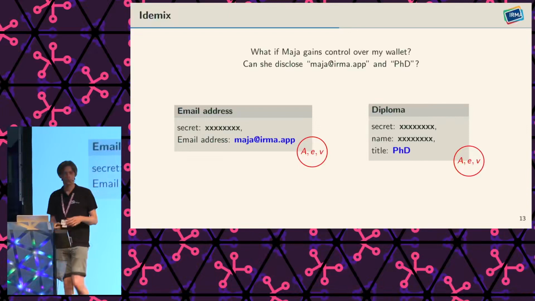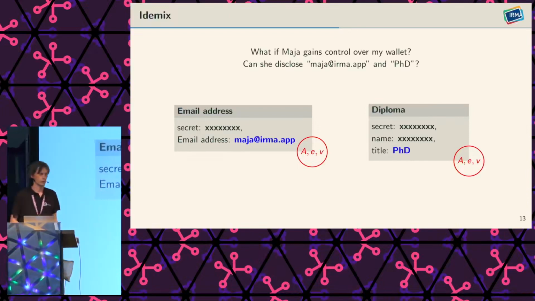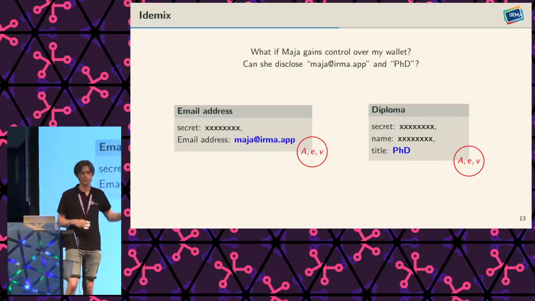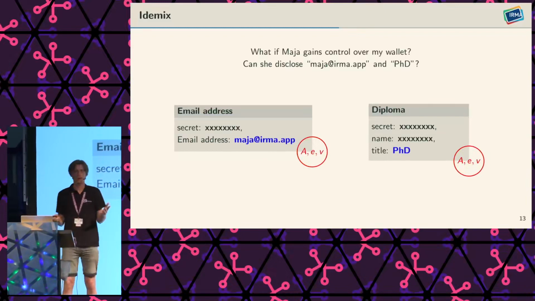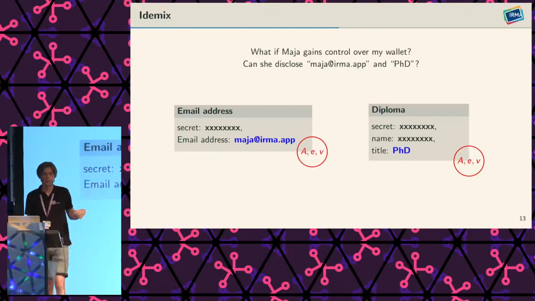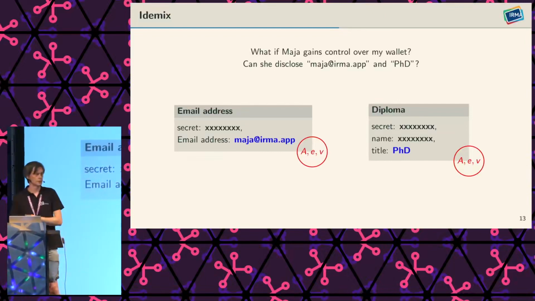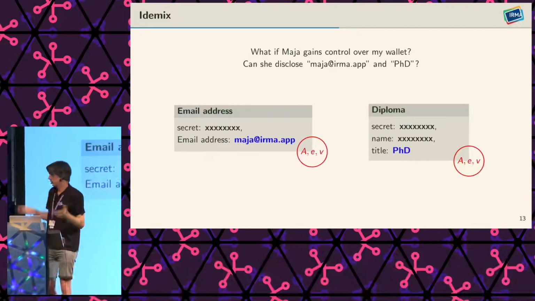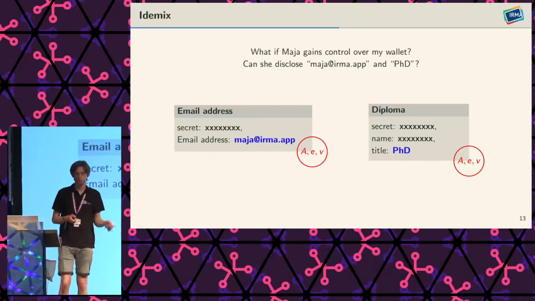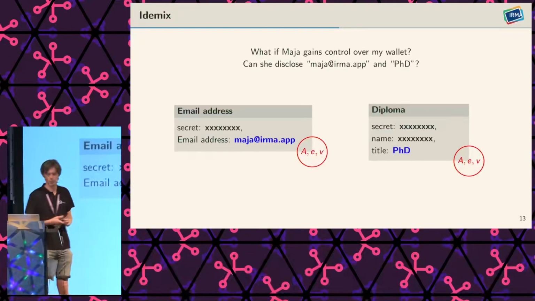If she then has control over her wallet as well as mine, so she has control over my credentials as well as hers, can she then combine the two, for example, to simultaneously disclose her own email address and my PhD attribute, right? So that would imply that she has the PhD, while in fact she does not, as far as I know anyway. So we don't want our system to allow you to prove statements that are not factually true.